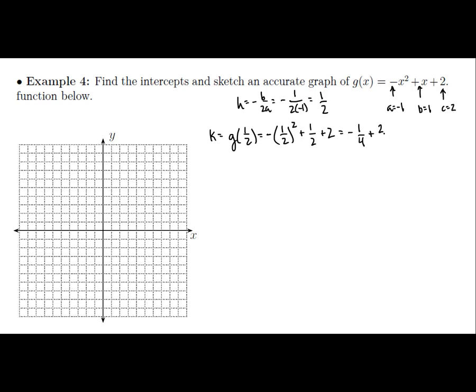So instead of 1/2, I'll put 2/4, and instead of 2, I'll put 8/4. So that's going to be 9/4. So my vertex is (1/2, 9/4).